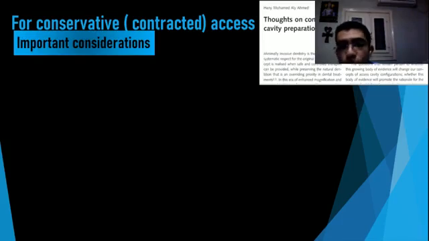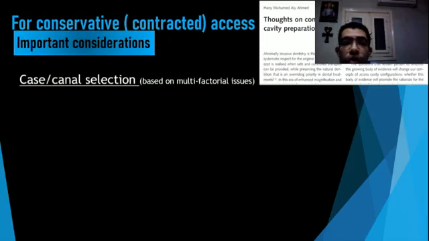But a more contracted access can also cause some procedural errors and have some disadvantages during the subsequent steps of the root canal treatment, during instrumentation, during irrigation. So it can't be done in every case. So case and canal selection is very important.